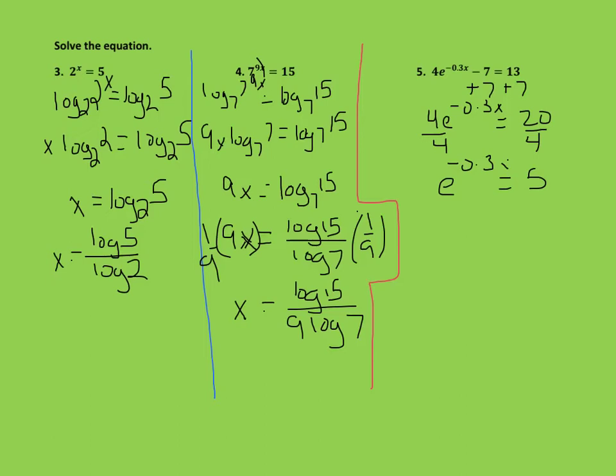Take the natural log of both sides, and I'm also going to bring down the exponent. So why am I doing natural log? Because that's e. Natural log of e is 1, so you get negative 0.3x equals the natural log of 5.